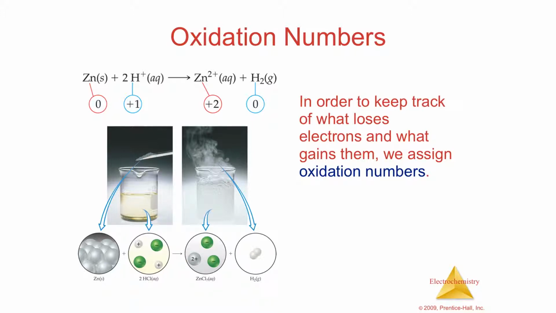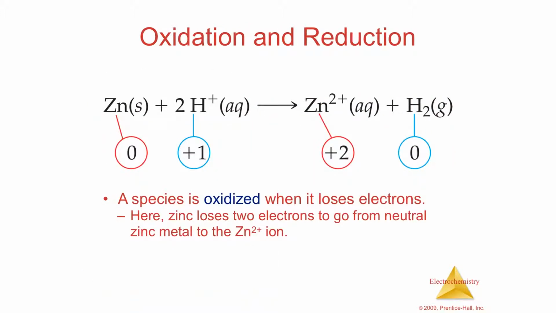So the oxidation number is a bookkeeping thing. We're going to assign oxidation numbers in order to keep track of where the electrons are. Normally an electron transfer is some kind of a redox reaction. Again, there are two major types of reactions in chemistry: acid-base reactions, which transfer protons, and oxidation-reduction reactions, which transfer electrons. Here's an example.